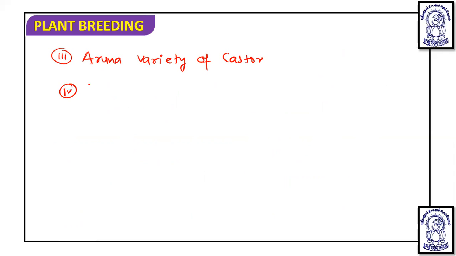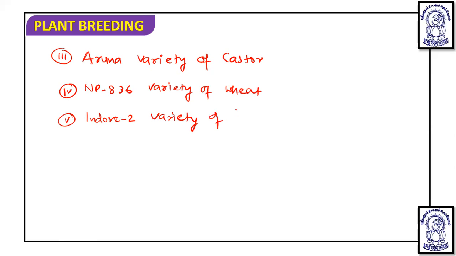Fourth is NP 836 variety of wheat. And fifth is Indore 2 variety of cotton. All these varieties were developed by mutational breeding, that is, induced mutation.